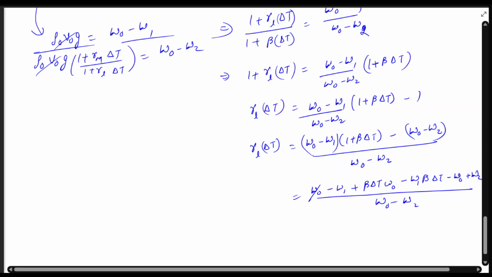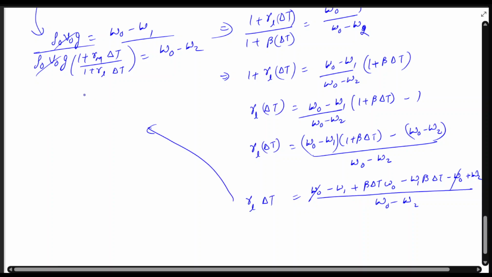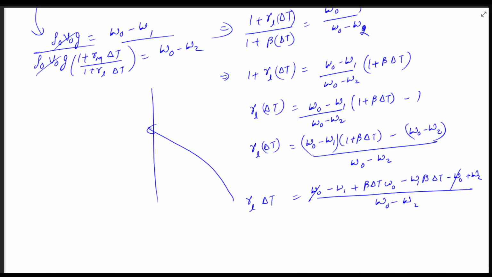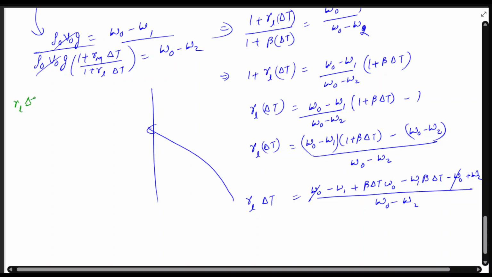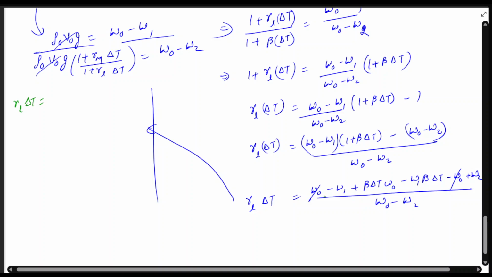So W naught will get cancelled and we'll rearrange them. Gamma L delta T will be equal to W2 minus W1 plus beta delta T into W naught minus W1, divided by W naught minus W2.